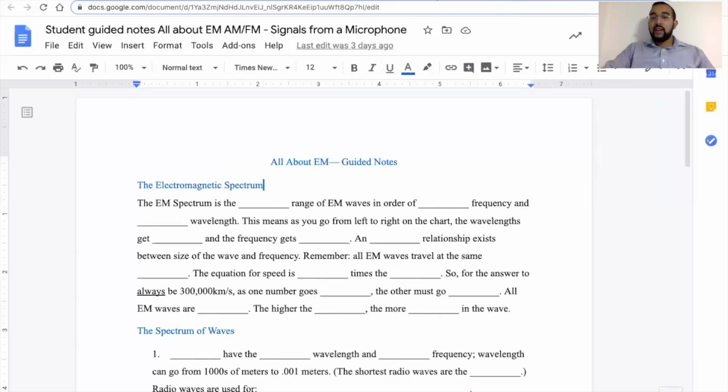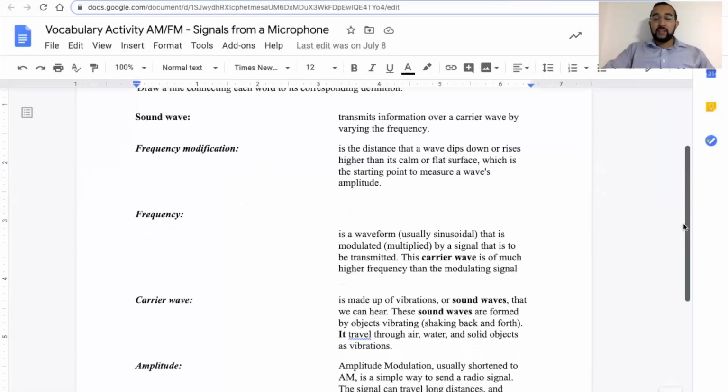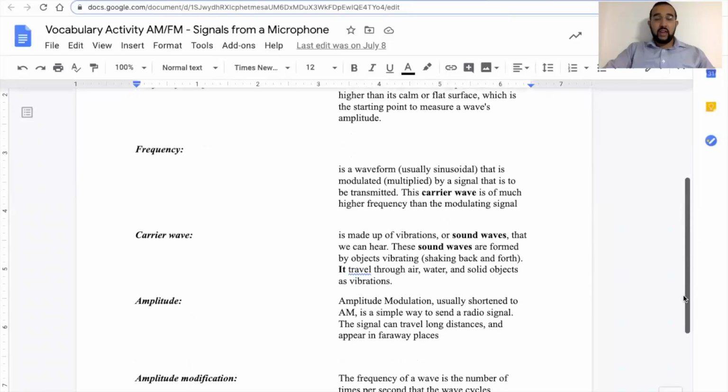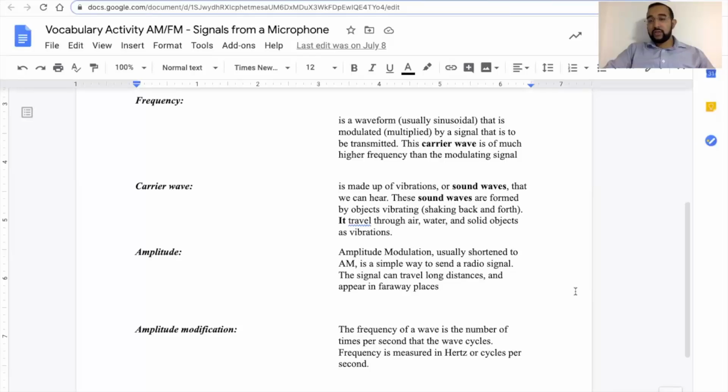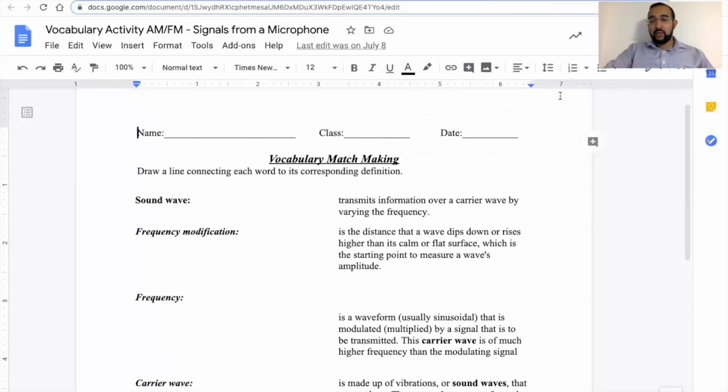Then you come to a vocabulary activity. I always believe that if you don't understand the terminology around a discussion, you won't understand what the topic is. So in this activity, you basically match the word with its definition, and then you ask the students to explain the word in their own words.